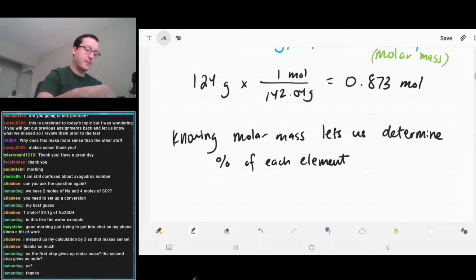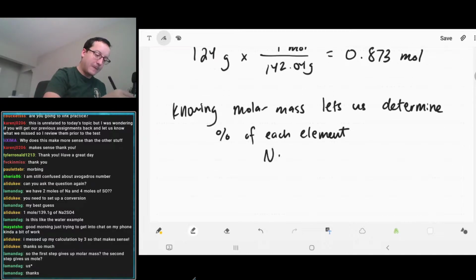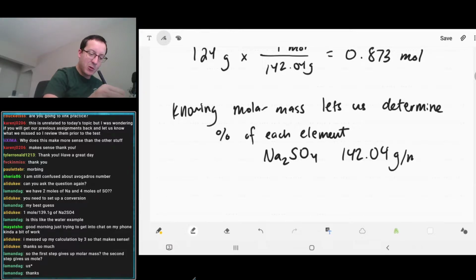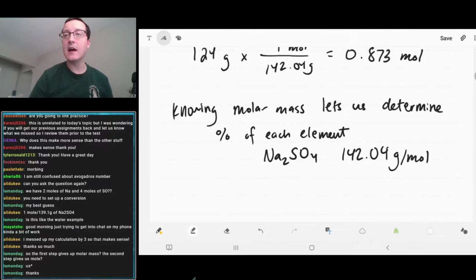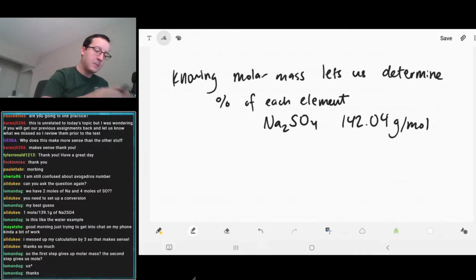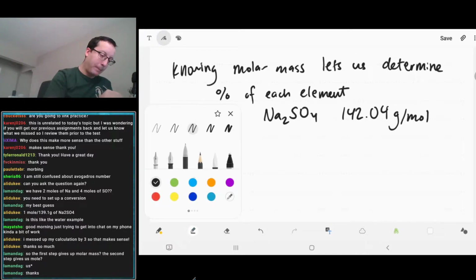So, sodium sulfate, remember we just calculated 142.04 grams per mole. We could see how much of this compound is sodium, how much is sulfur, and how much is oxygen by doing the following.